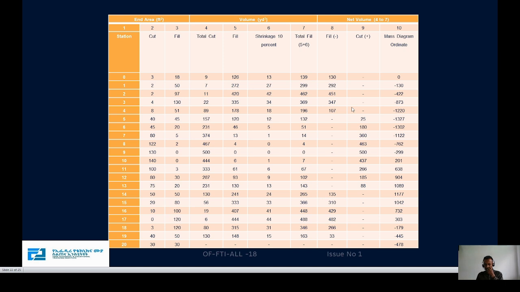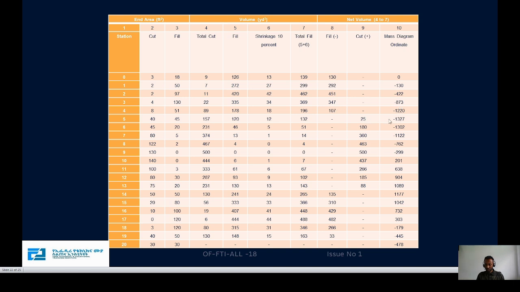Then we also calculate the mass haul diagram. In the mass haul diagram at 0, a fill section is negative. So 0 minus 113 is negative 113. 113 minus 292 is negative 422 minus. 422 minus 451 is minus 873.